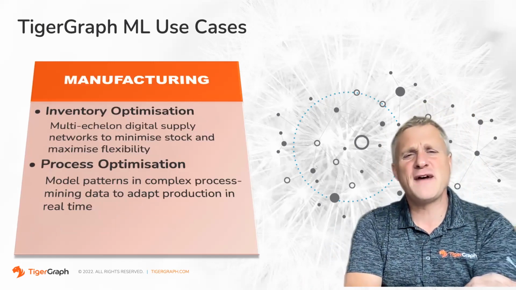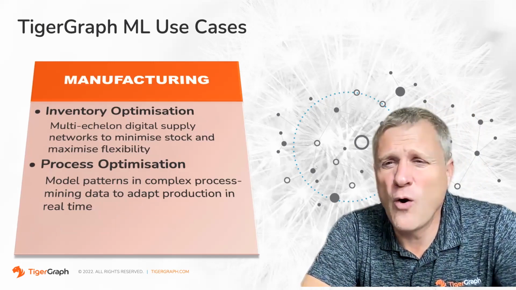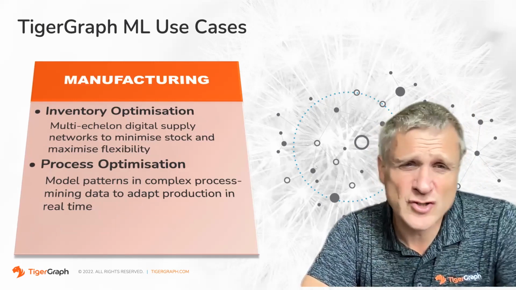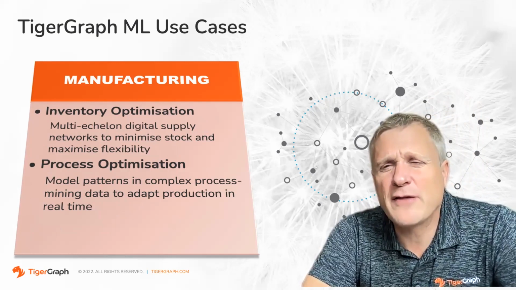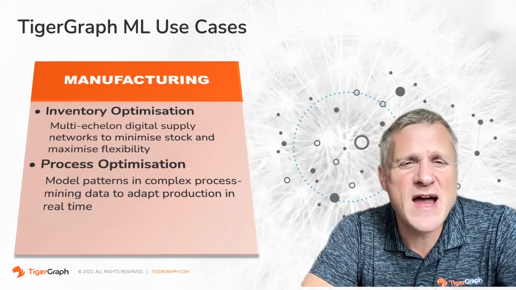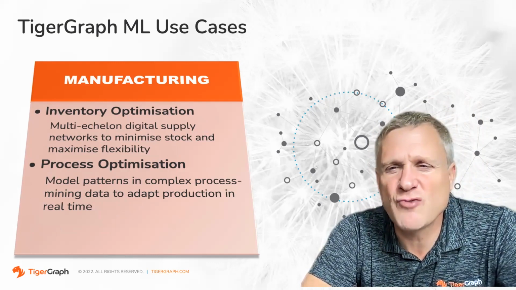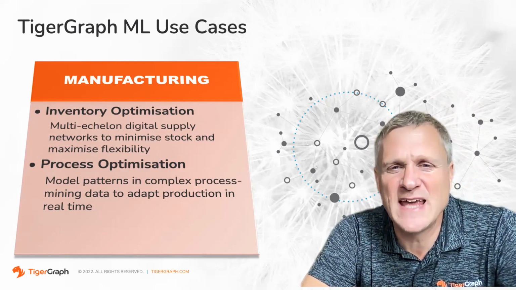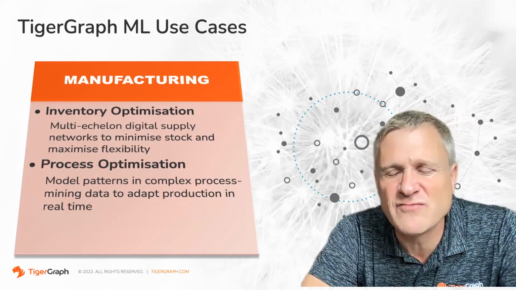And then finally, manufacturing. Supply chain is a core use case for graphs in general, not just for TigerGraph, but other graphs as well. Where I think the machine learning comes in is around inventory optimization, multi-echelon digital supply networks, right? Maximizing flexibility and minimizing stock. The game is not just about how you minimize stock, minimize inventory nowadays.